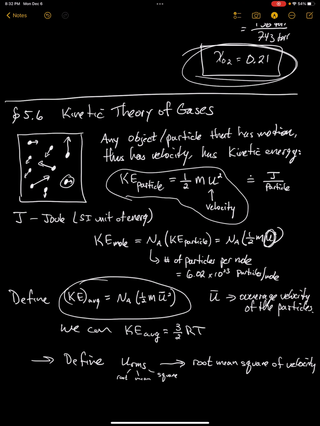And so u_RMS would basically be something of the nature where you have the root and then you have the square of the velocity, the average, the mean of the velocity.